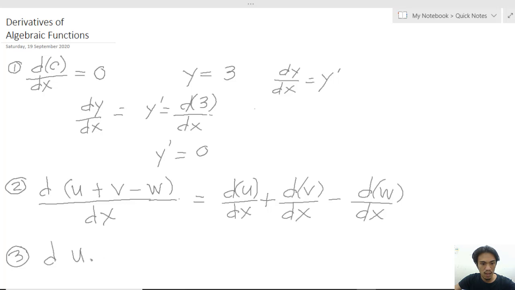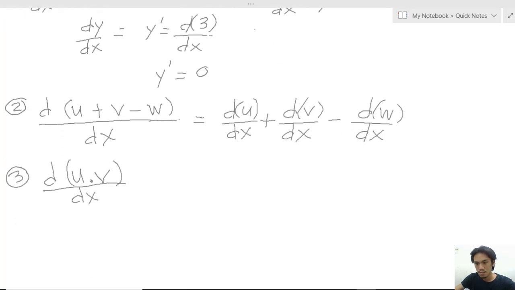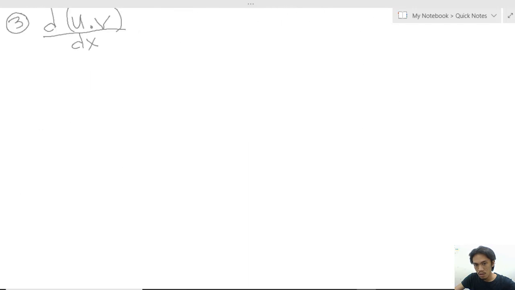The third is the derivative of u multiplied, the dot here represents multiplication, by v with respect to x. For this one, this is equal to u. Take note that these two are different functions.